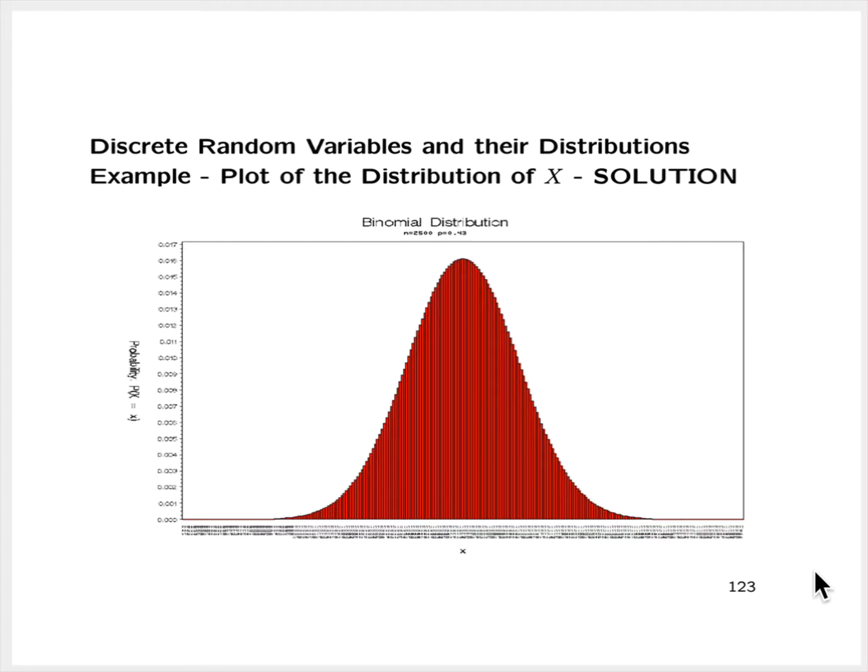It's the binomial distribution with n equal to 2,500 and success probability 0.43. Now, because 0.43 is fairly close to 0.5 and because the sample size is really large, you can see here that the distribution of X, even though it's a binomial distribution, looks like a normal distribution, doesn't it?